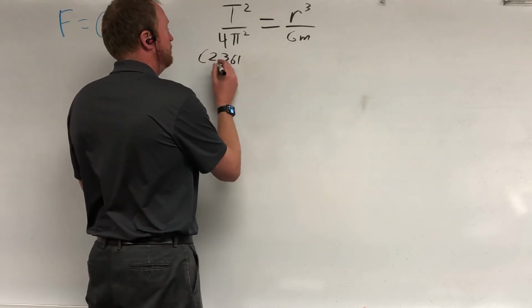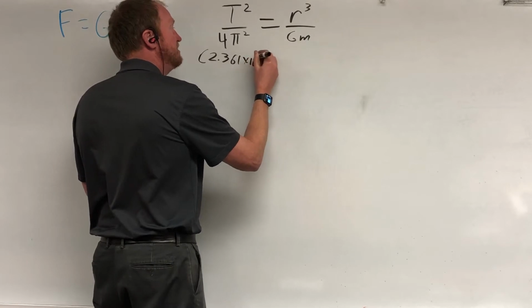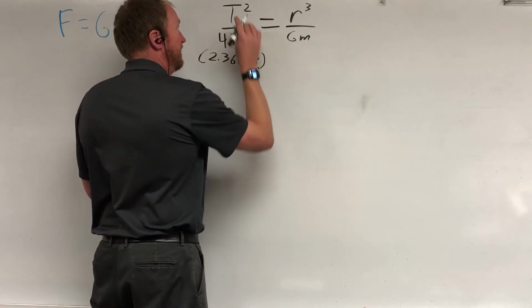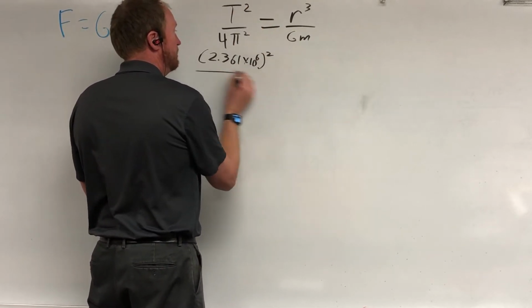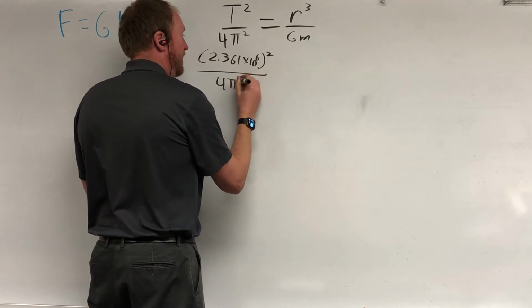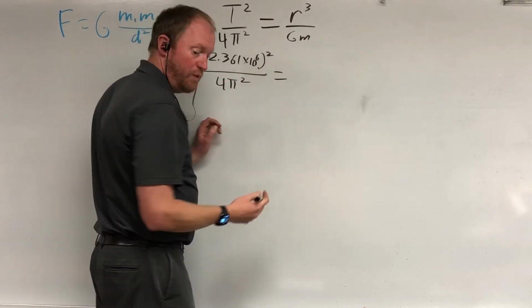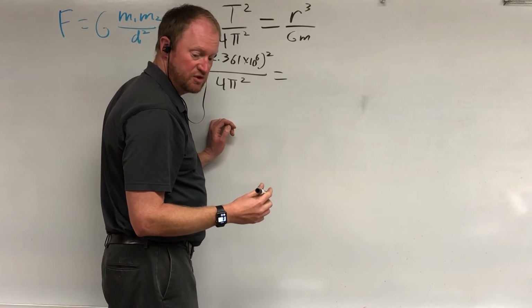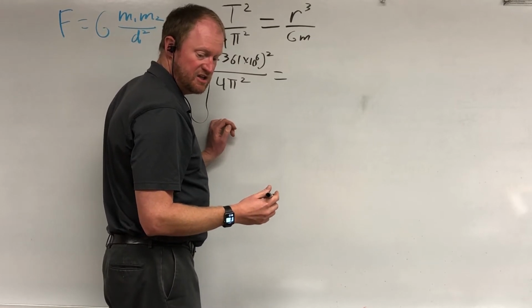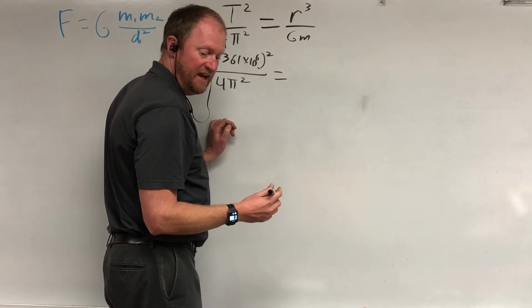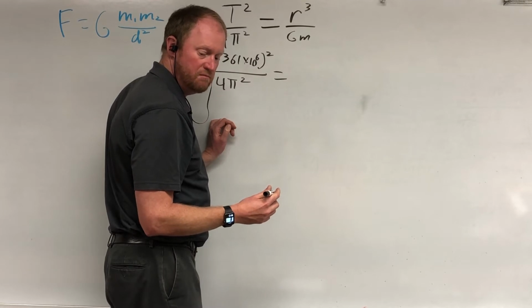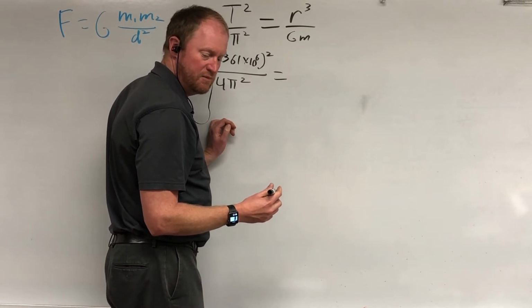So 2.361 times 10 to the 6th, and then again, the whole thing is squared over 4 pi squared. Now, the radius of the moon's orbit is about 384 million meters.